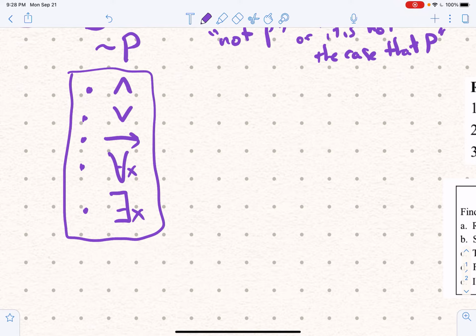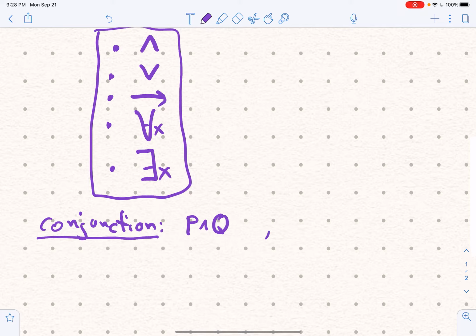So for conjunction, suppose that we have a statement P and Q. And now the negation of that statement is not P and Q. And if you think about what this means, P and Q means P and Q are both true. That's the meaning of the conjunction.